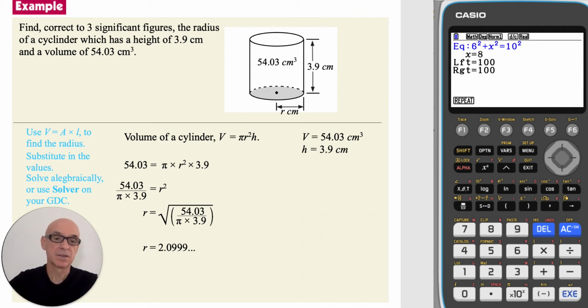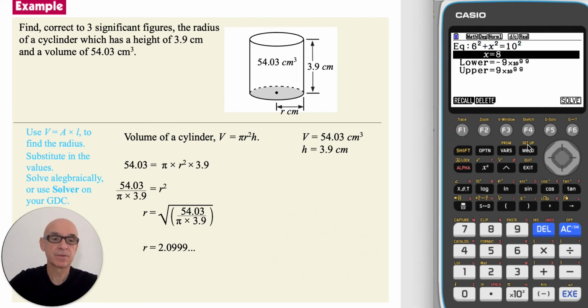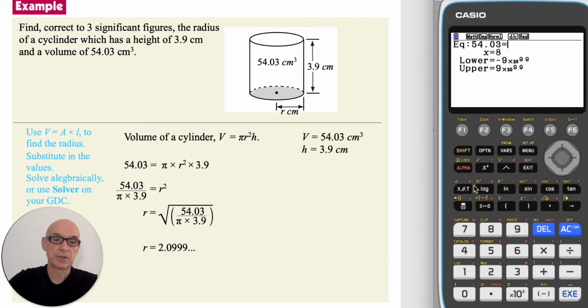To do this, I press F1 for a repeat calculation and scroll up and simply type in the original equation. So that's 54.03 and shift to access equals, and shift again to access pi, and multiply by, then pressing the x variable to represent r, the squared button, and then multiplied by 3.9.